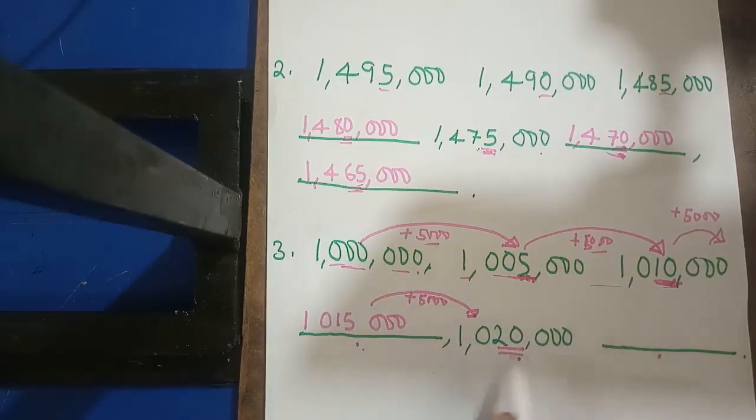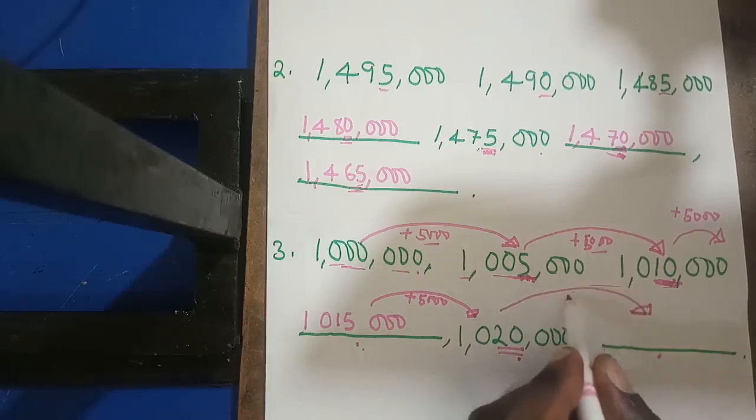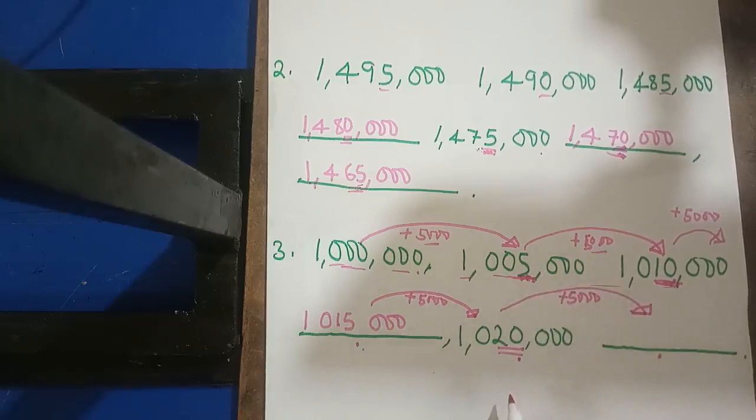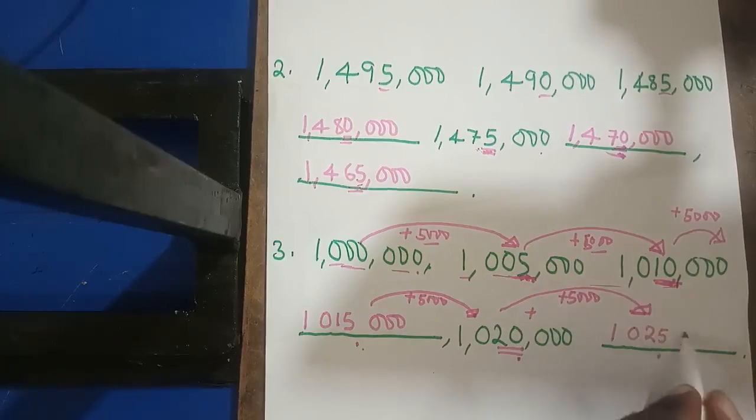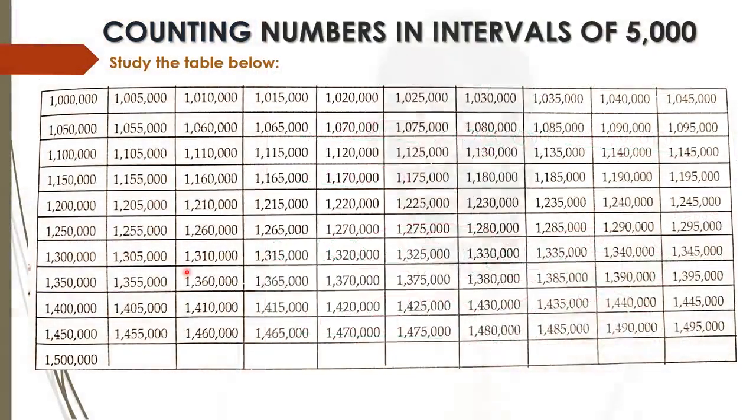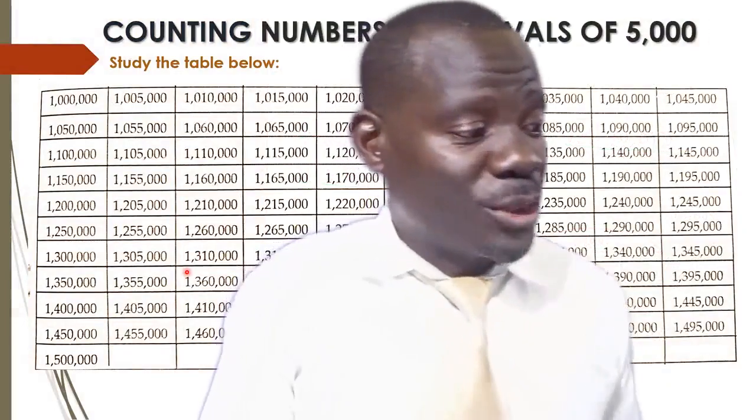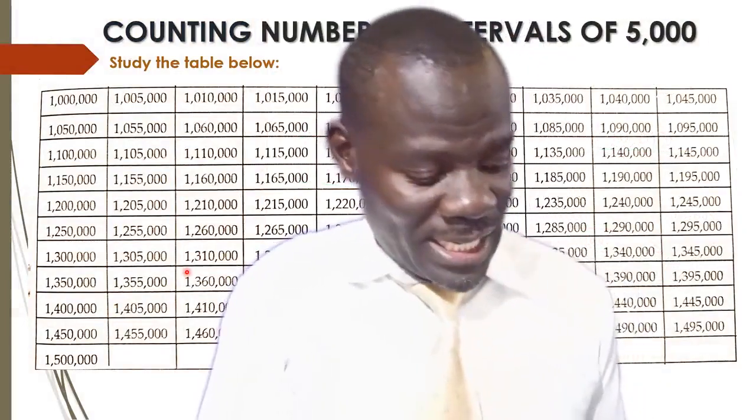Again, the next one, it's plus 5,000. It means it is this 20 plus this 5,000, which is going to give us 1,025,000. I guess now it is clear, you are following what is happening here.